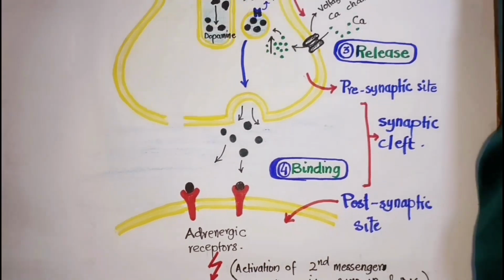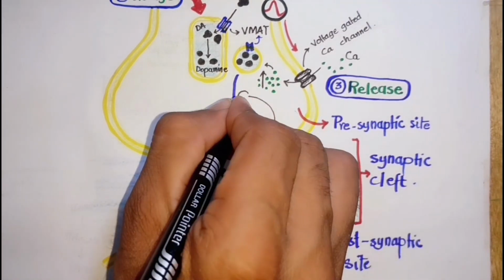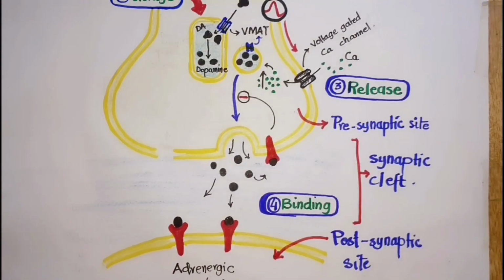Or this released norepinephrine binds to presynaptic adrenergic receptors on the same nerve terminal and inhibits further release of the neurotransmitter into the synaptic cleft.